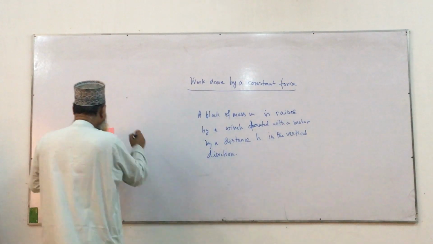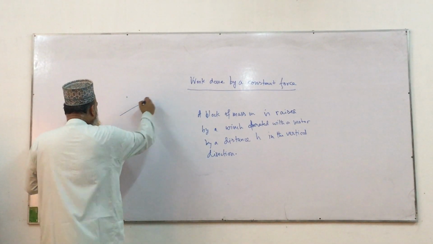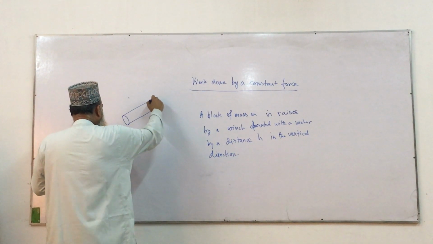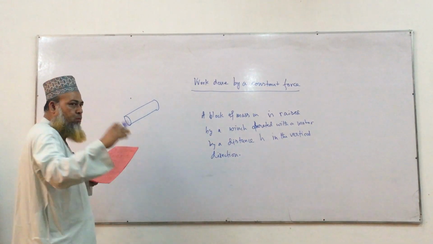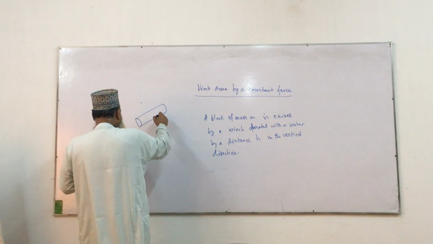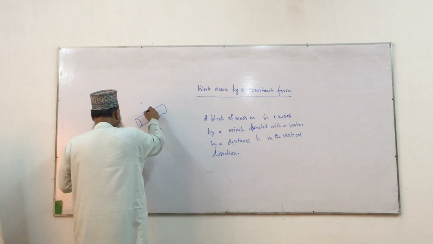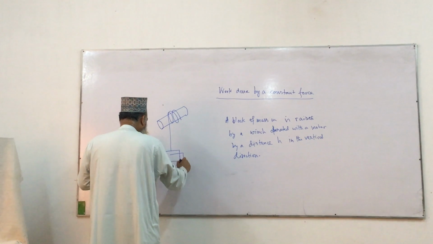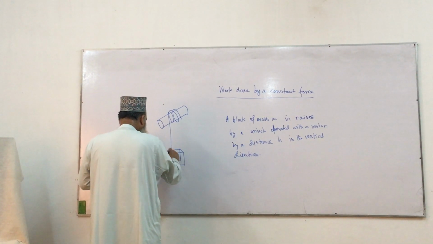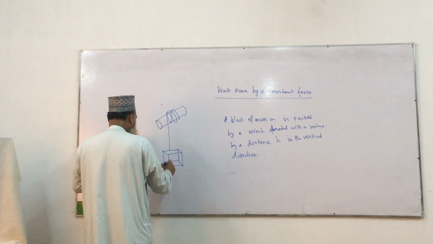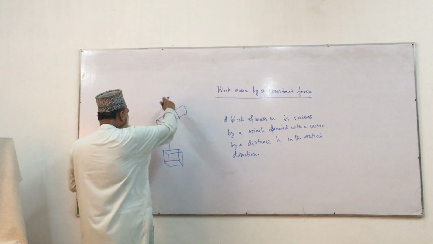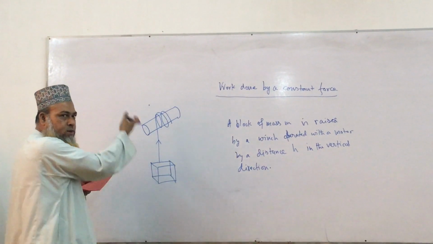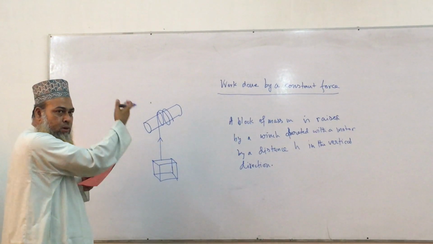So the figure will be what? Say, this is the winch. I shall not show the motor. Here is the block of mass M. While the motor operates, the block goes up.